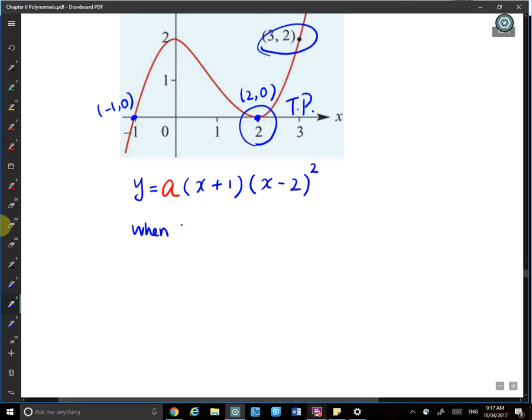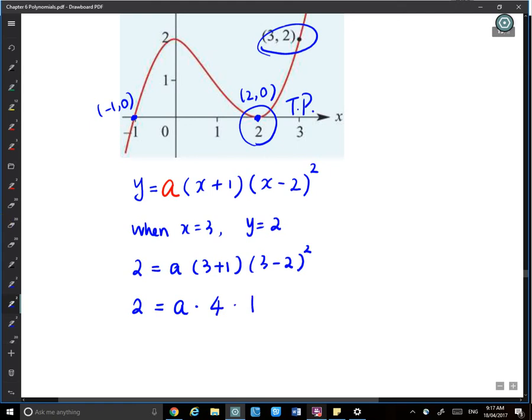So when x equals 3, y equals 2. So 2 equals a times (3 plus 1)(3 minus 2) squared. 2 equals a times 4 times (3 minus 2) gives you 1, 1 squared gives you 1.